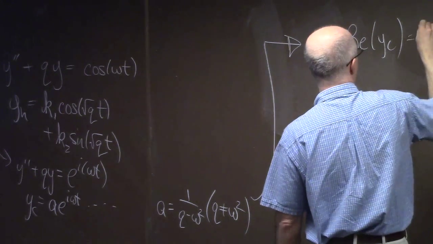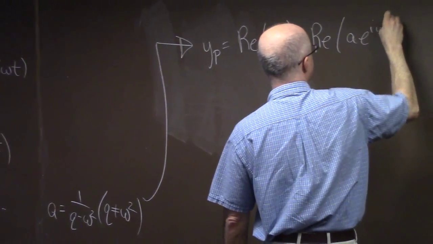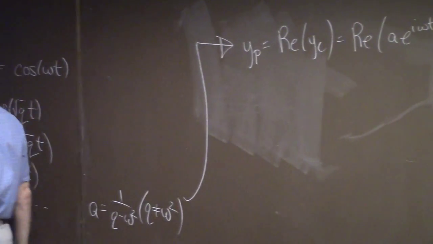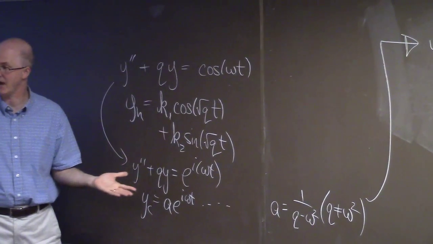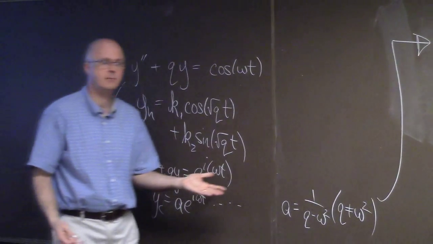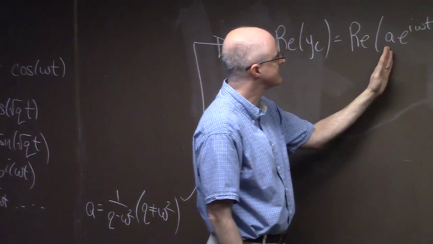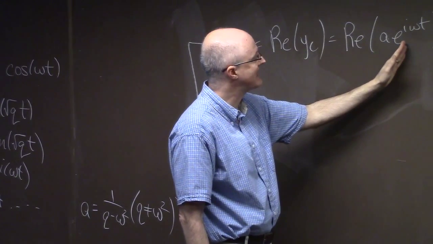In other words, the real part of a times e to the i omega t, and in this undamped case, a is a real number. We're going to see when you have damping, a ends up being a complex number. In a few minutes, we'll see that. But a in the undamped case is a real number. Think about Euler's formula there, cos omega t plus i sine omega t.